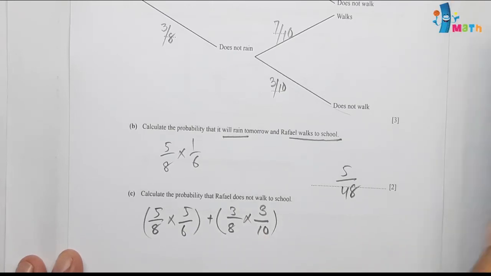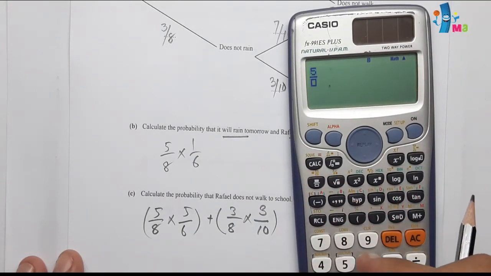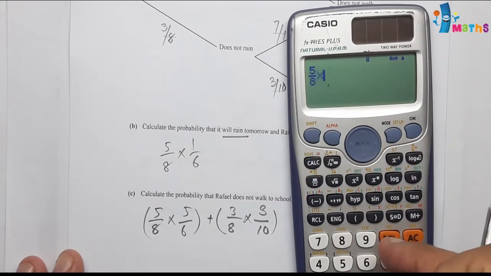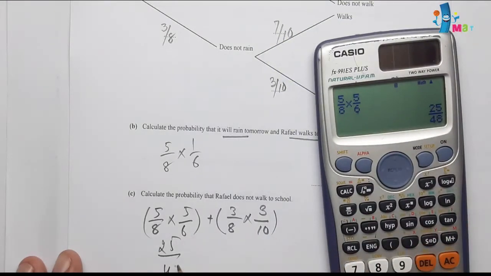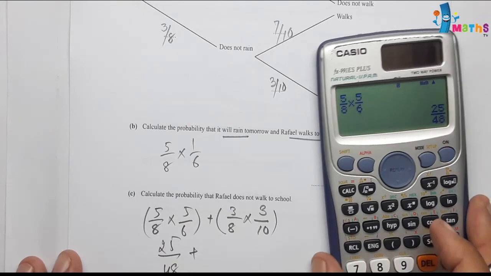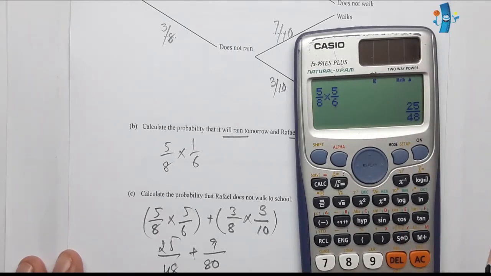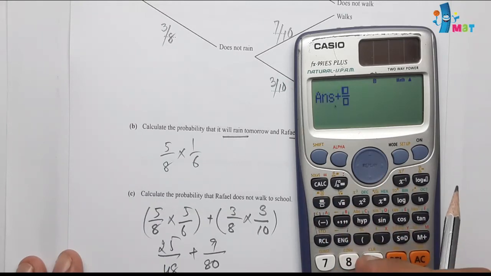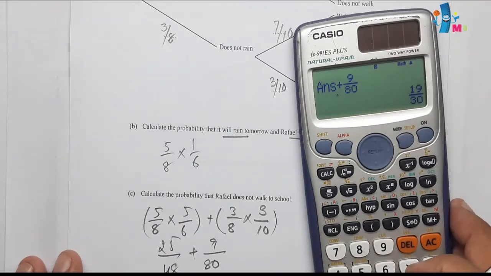We can use a calculator to solve. Basically 5 divided by 8 multiply by 5 divided by 6. This will be equal to 25 over 48, plus this will be 9 over 80. So we can add this one plus 9 over 80 will be equal to 19 over 30.